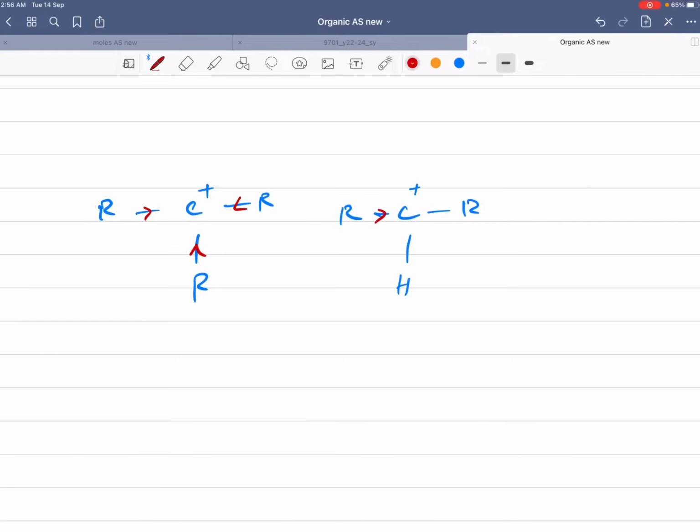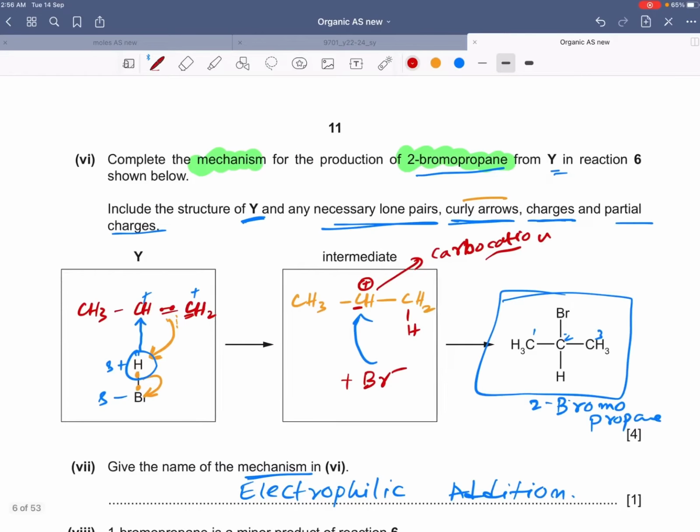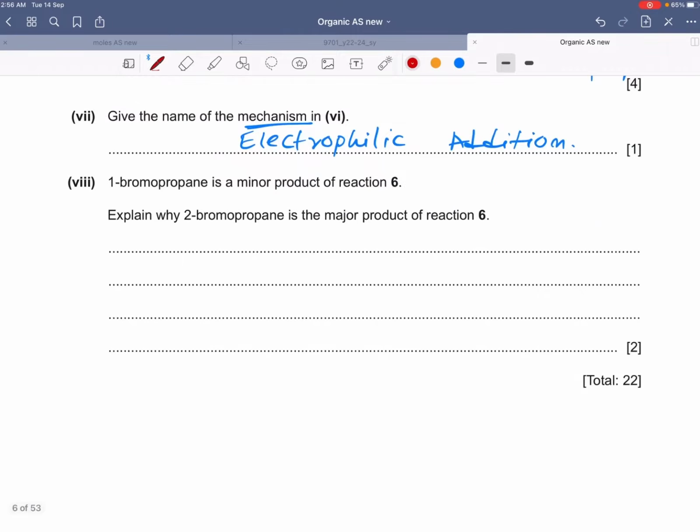So the chances of forming a tertiary carbocation, this is tertiary, than a secondary carbocation are more because of its stability, right? So the answer for the last part, you're asking why 2-bromopropane is the major product of reaction 6? Because in the formation of 2-bromopropane, secondary carbocation was forming, and in the formation of 1-bromopropane, primary carbocation was forming.